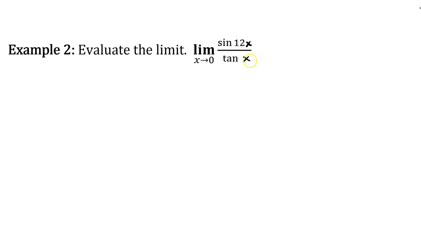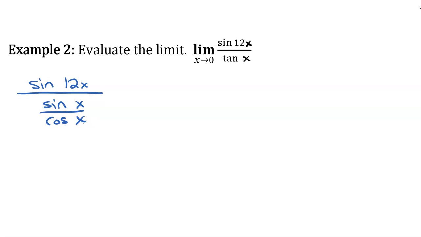So let's work with the definition of tangent and see if that helps us out. So we would have the sine of 12x divided by sine x over cosine x, because that is tangent, which is interesting.